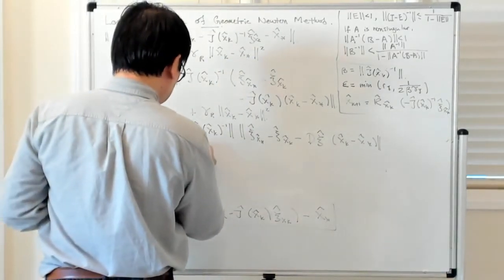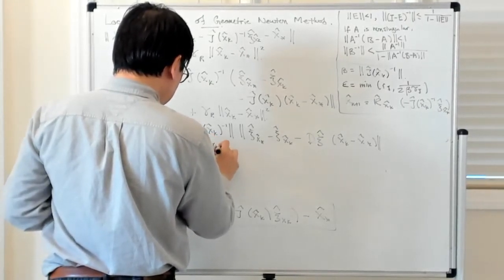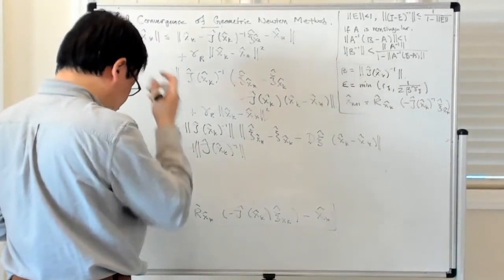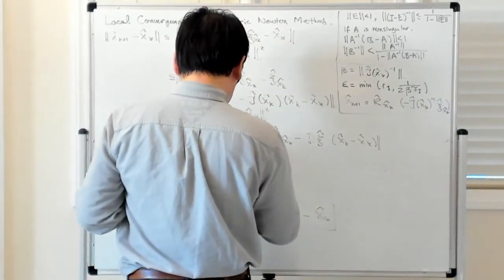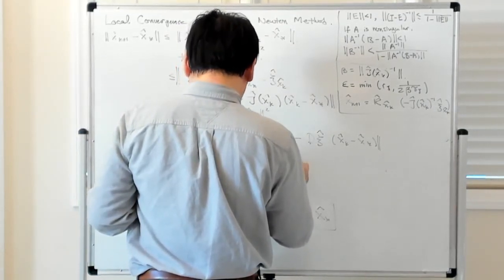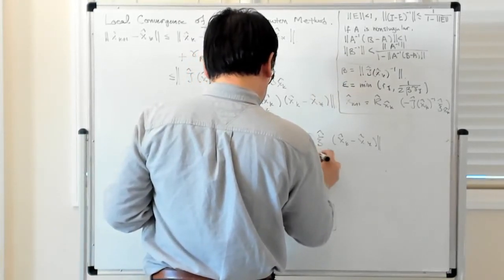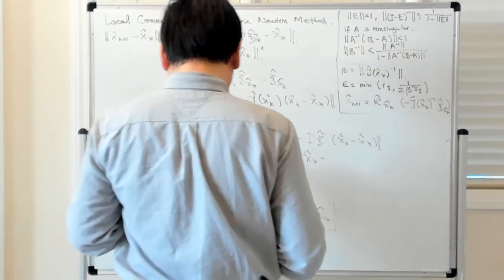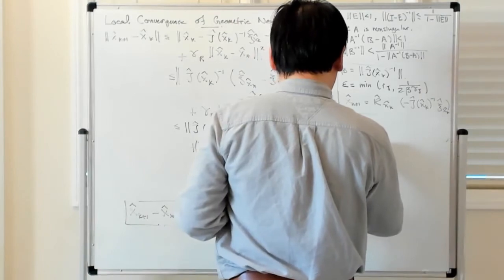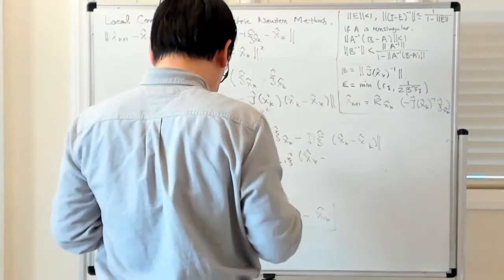So there's a term plus, again, the operator norm of the inverse of the Jacobian applied now to gamma hat, with x star minus x_k.